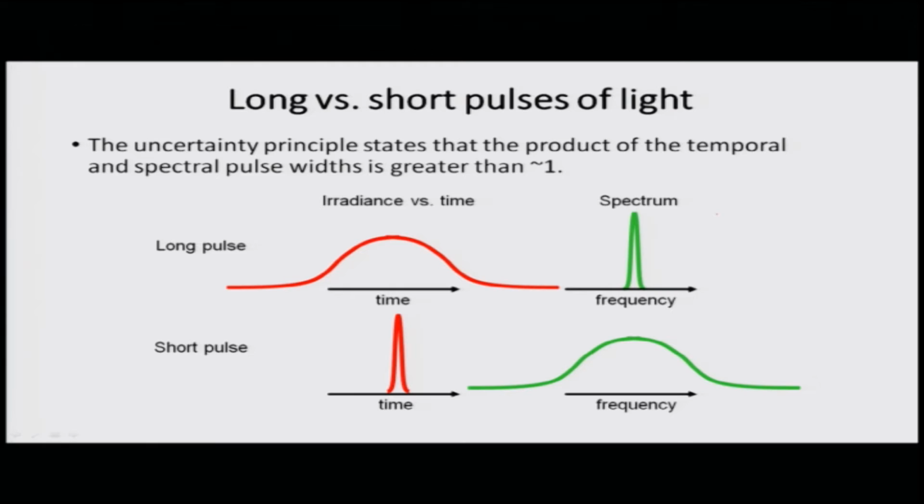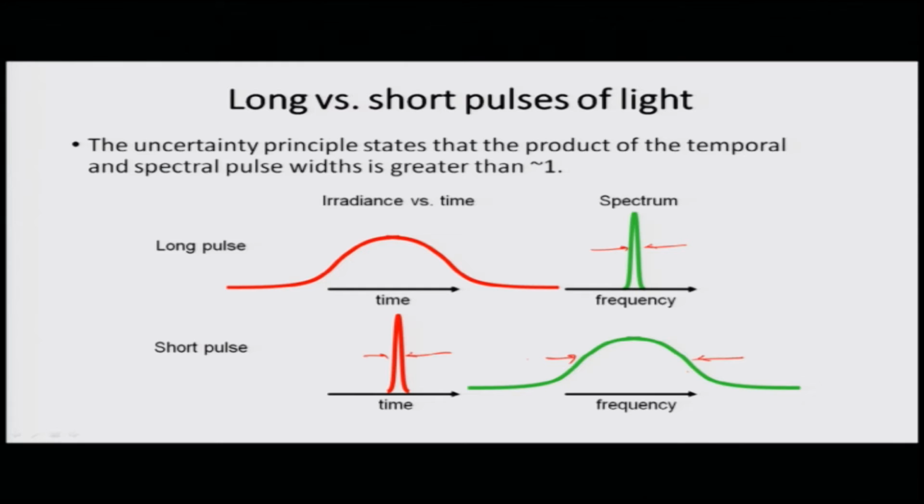We have the irradiance versus time for a long pulse, which can be looked at as a very narrow spectra in the frequency band, and vice versa. A very short pulse in time corresponds to a very wide frequency or energy band in the frequency spectrum.